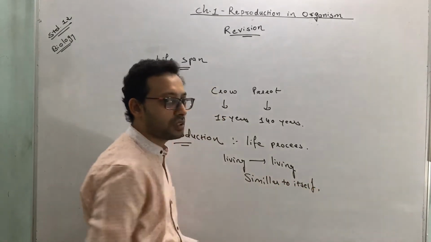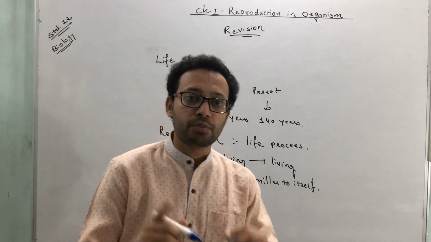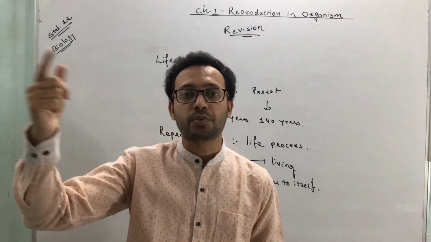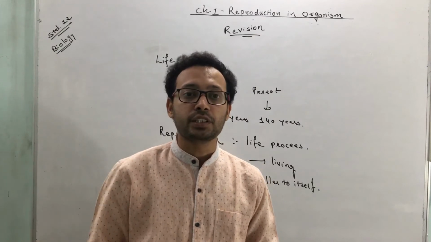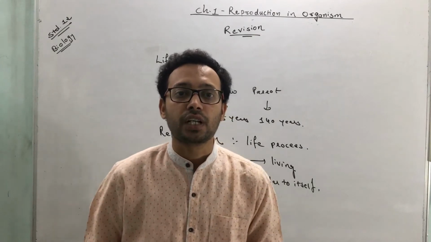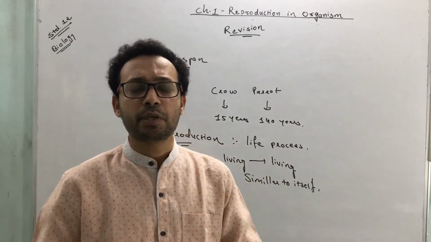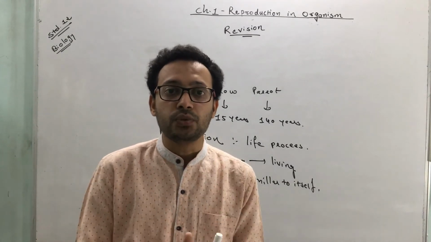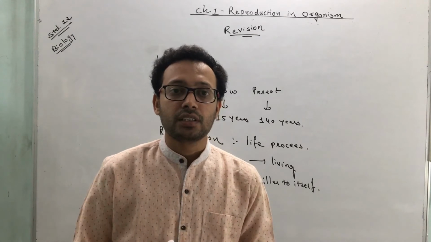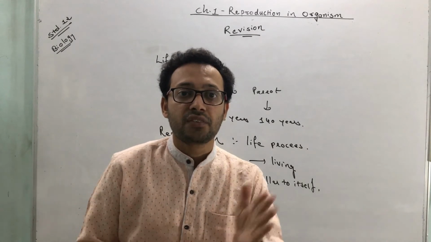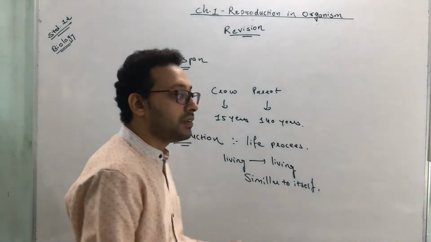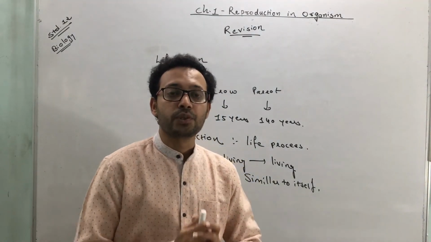It is a biological process in which a living organism can generate or produce a new living organism similar to itself. This is called reproduction. Now you know the purpose of reproduction. The purpose of reproduction is to continue the species on the earth, or to maintain the characters from one generation to another generation. That's why living organisms reproduce.